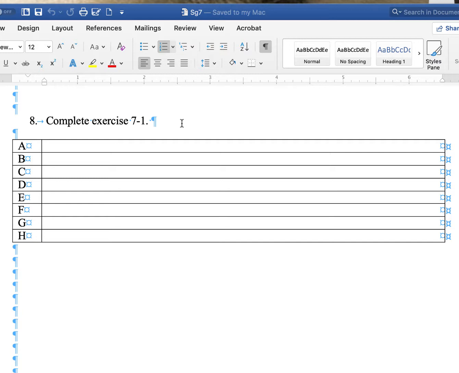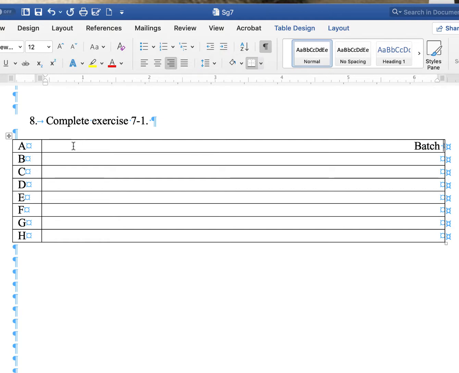Now, in my mind, I would think that receiving raw materials from suppliers would be a batch level activity, and that's what I'm going with. And the reason is, I'm ordering supplies because I have an order. Somebody gave me an order. I'm going to make a batch of something, so I'm going to order my raw materials and receive those raw materials.